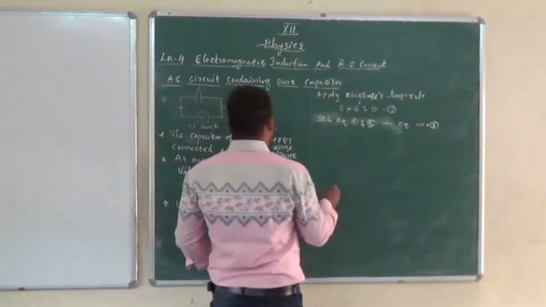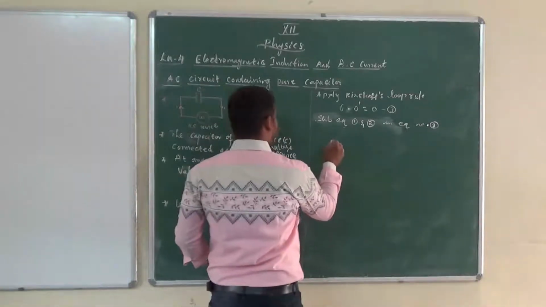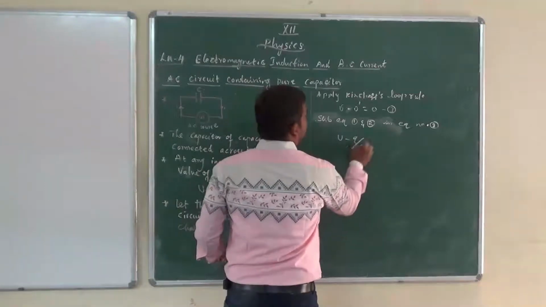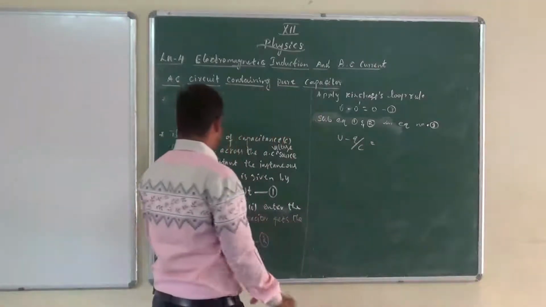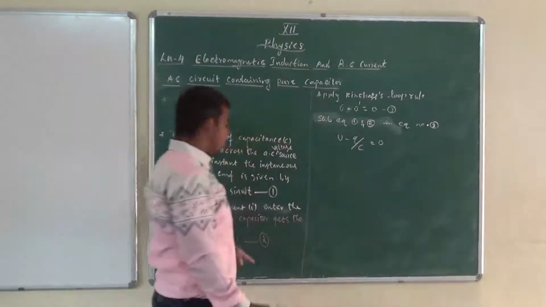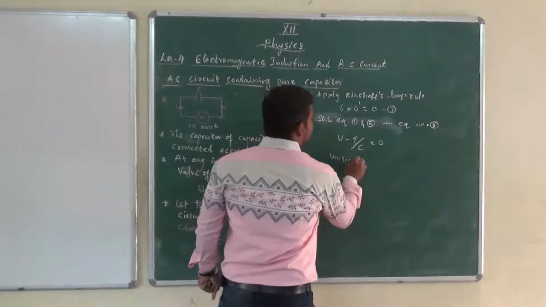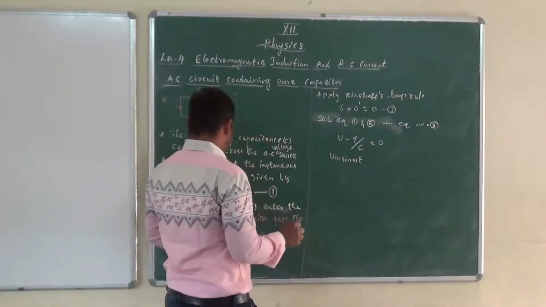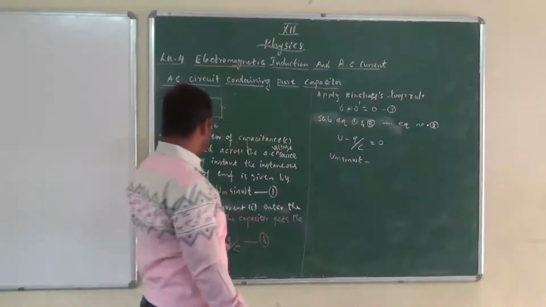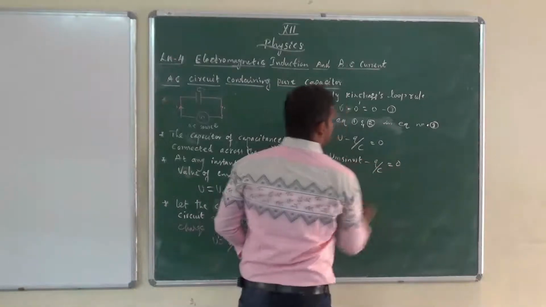When you substitute, we get V minus Q by C equal to 0. What is V? See equation number 1, Vm sin omega t, minus Q by C equal to 0.